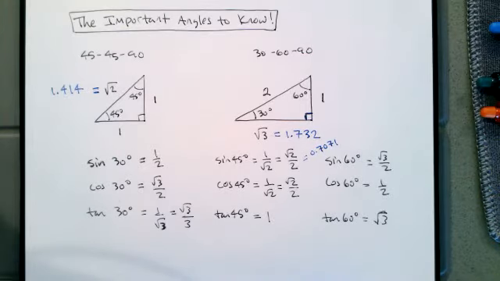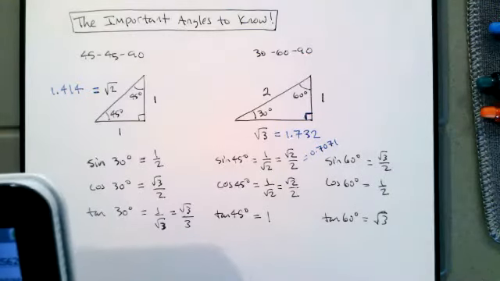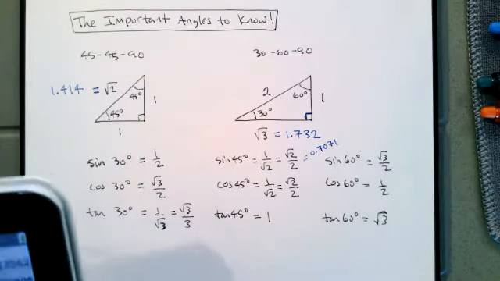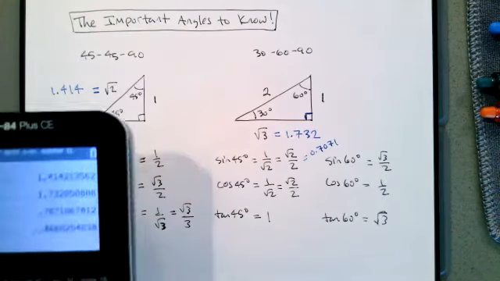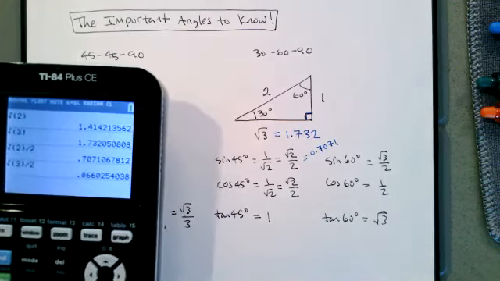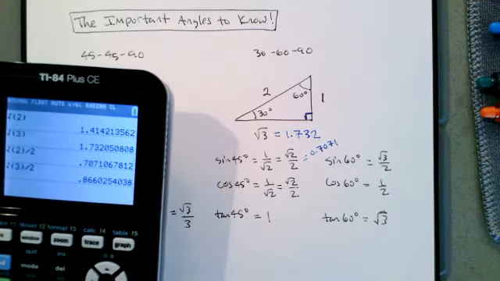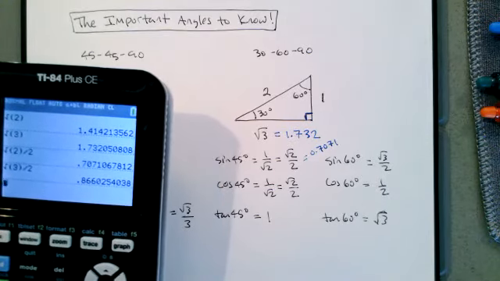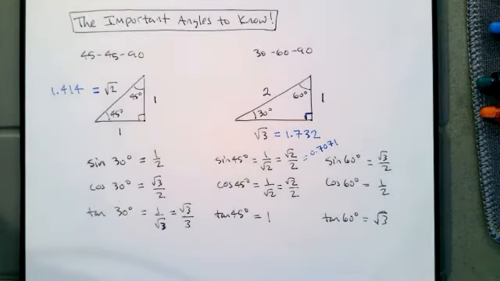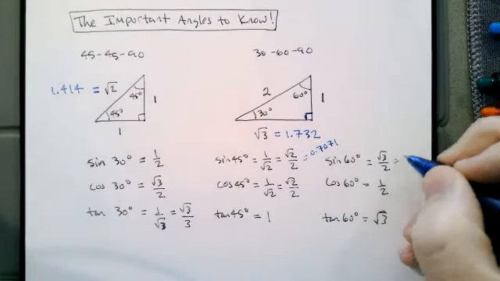If we want to remember root 3 over 2 as 0.8660, since we're already remembering root 3 is 1.732, half of that is 0.8660. So that'll help us remember which one is which.